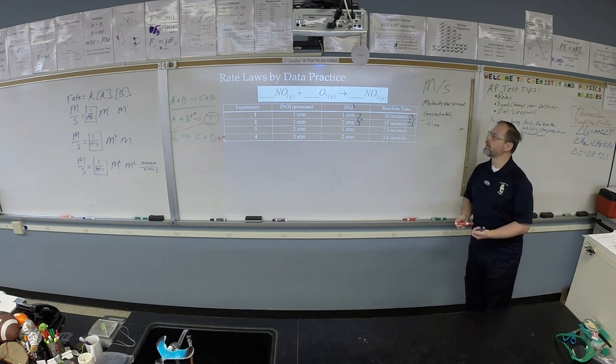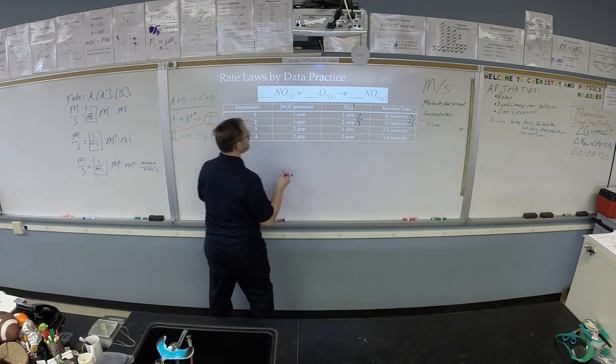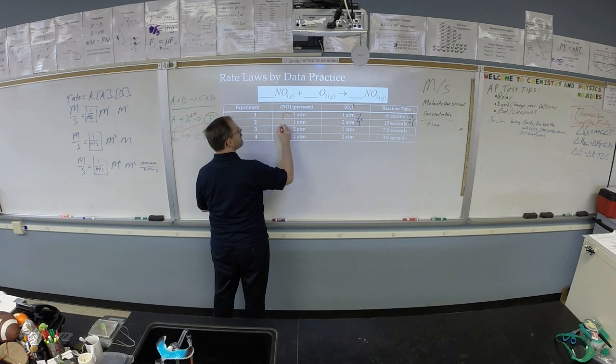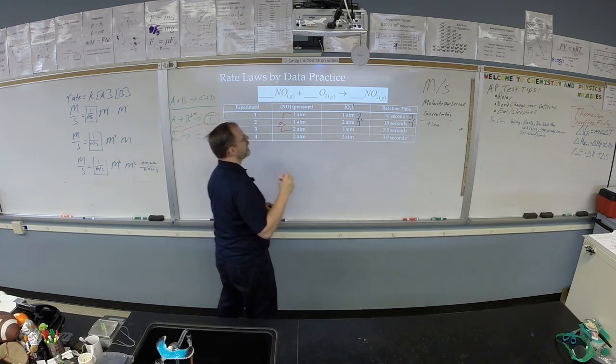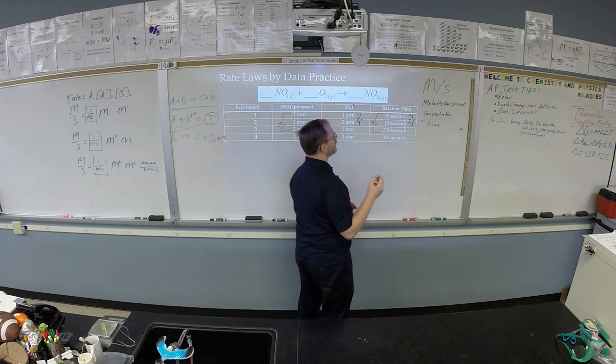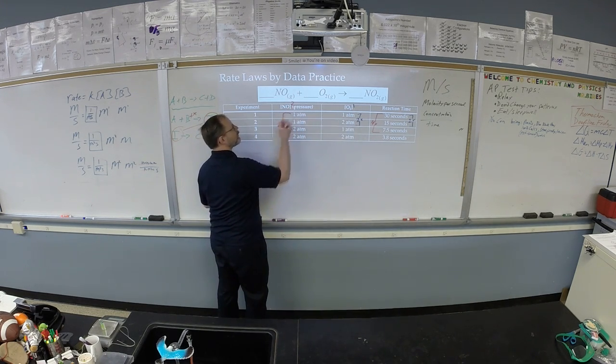Okay. Look at 1 and 3. What did we change in 1 and 3? Yeah, we changed the pressure, and how did we change it? We doubled the NO, and look what happened to the rate. What is it? 4. Yeah, it took 1/4 the time, so it's 4 times the rate. So that tells us that the order of NO is 2.